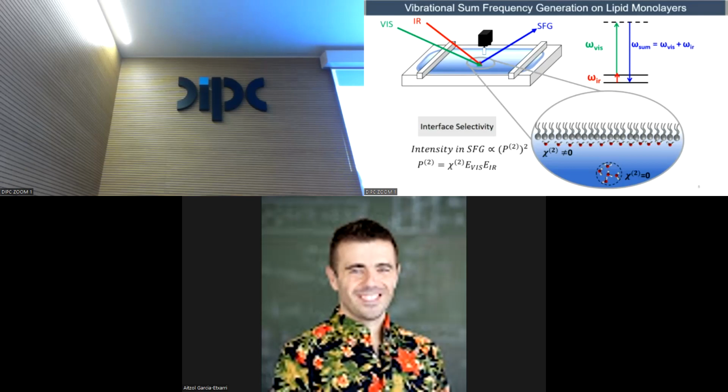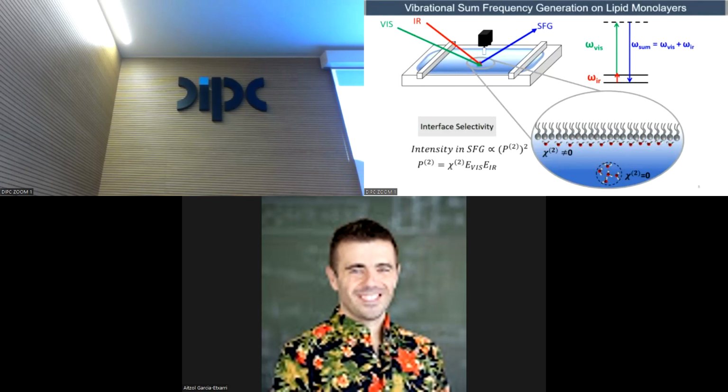They are sitting in a centrosymmetric medium, so all the dipole contributions cancel each other, and they do not generate an SFG signal. But water molecules at the interface, or for that matter any molecules at the interface between 2 media, have to necessarily break inversion symmetry. So they are the only ones that will generate SFG photons. We really use this interface selectivity to look at the SFG response as a function of IR frequency.